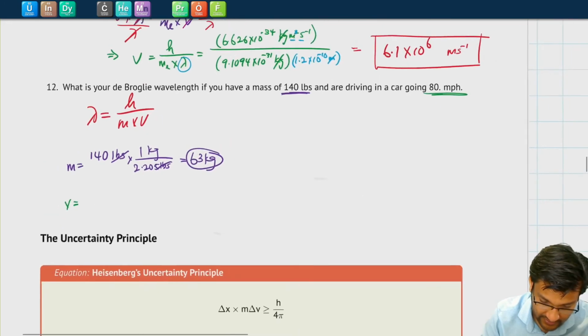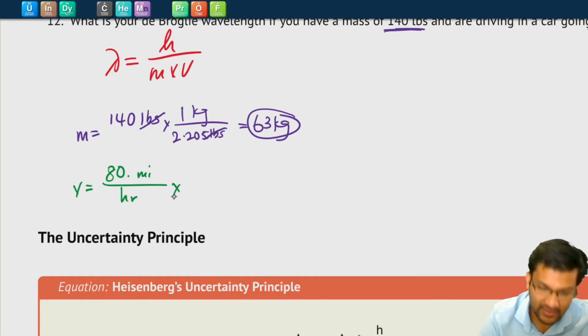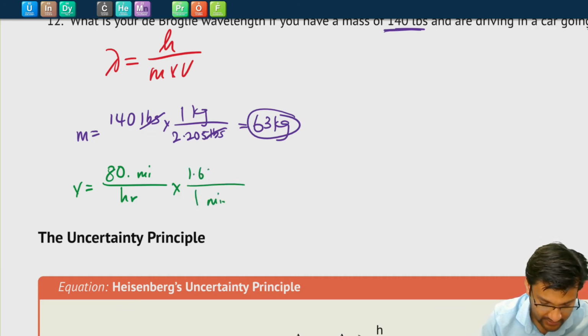Here we have a velocity of a car going 80 miles per hour, and we need to convert it to meters per second. So we might know that 1 mile is 1.609 kilometers, so that'll help. And we know that 1 kilometer is 1,000 meters.